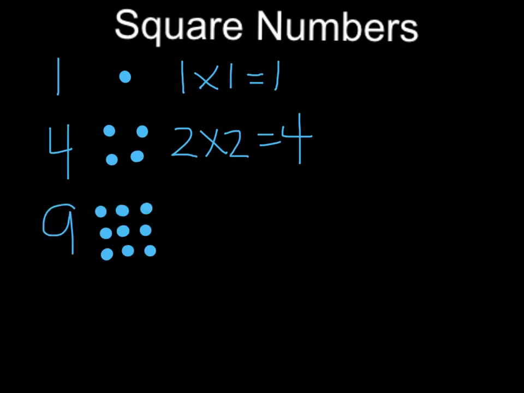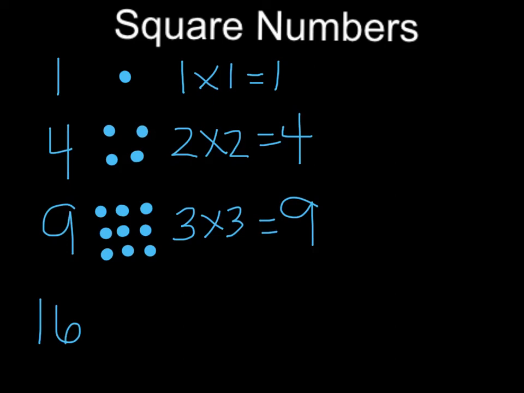If you guessed that the third square number is 9 with a square array that is 3 dots by 3 dots, you were right. The number sentence that represents this array is 3 times 3 equals 9. The fourth square number is 16.